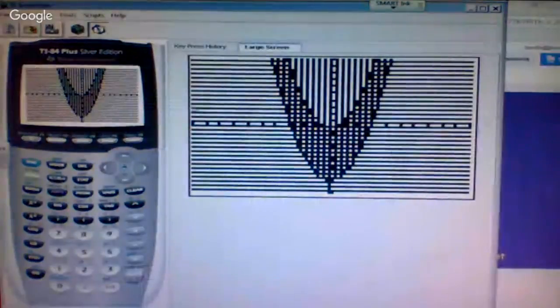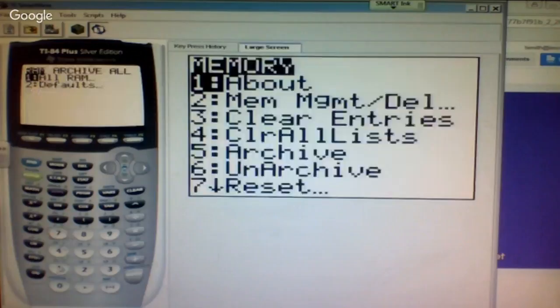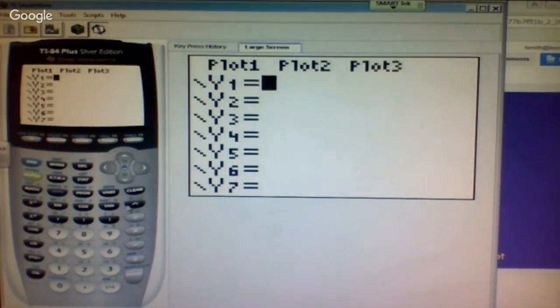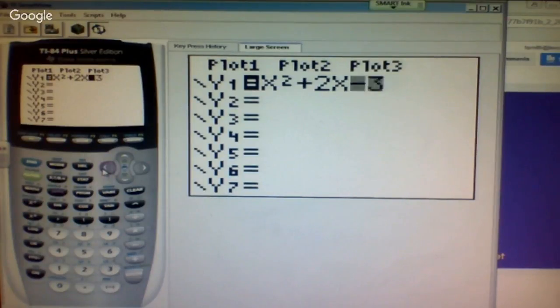Go ahead and plug it into your calculator. Let's see what it looks like. Stephon, why do you not even have a calculator out on your desk?